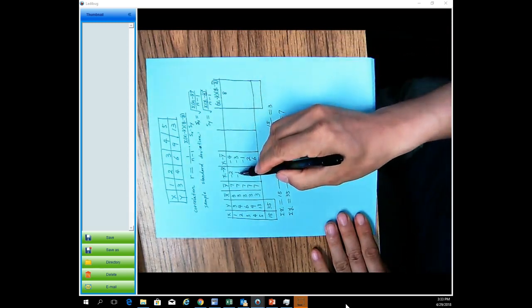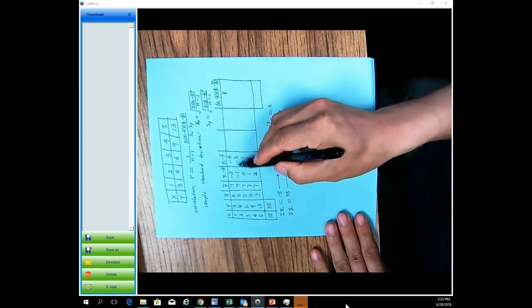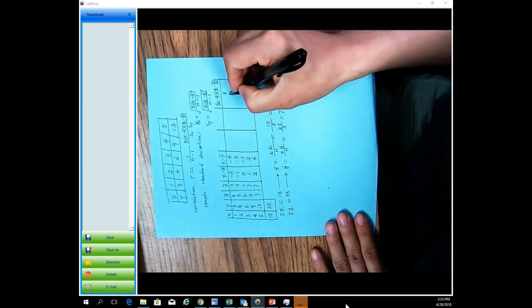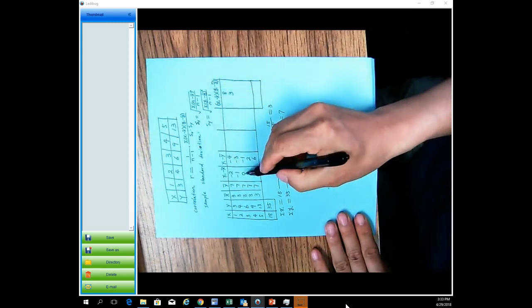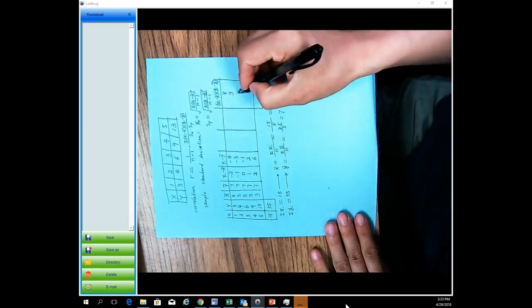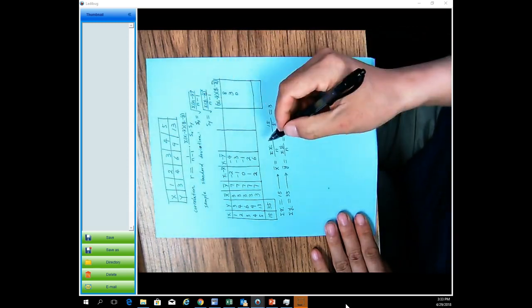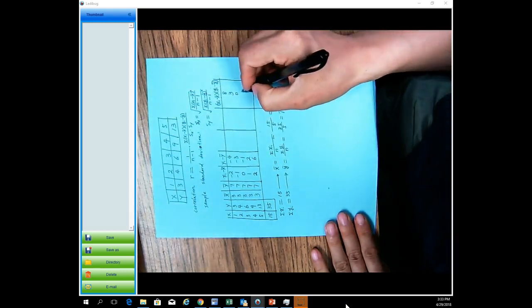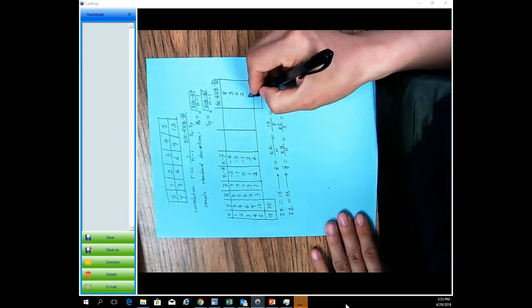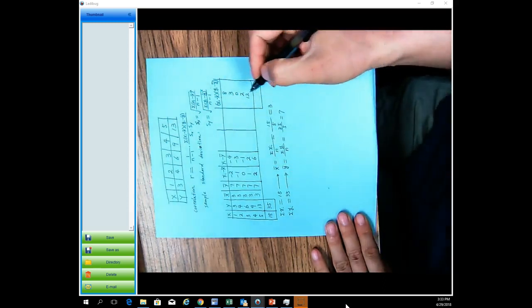And the second number will be -1 times -3. So negative, positive again. 1 times 3, it's 3. And the next one will be 0 times -1. So 0 times any number will equal 0, right? And then 1 times 2, they're both positive, so it's positive 2. 2 times 6, they're both positive, it'll be positive 12.